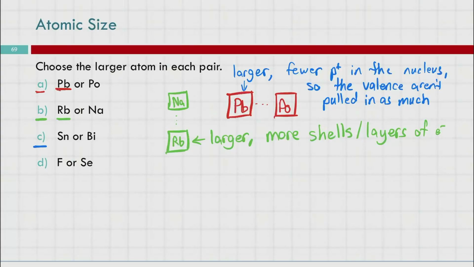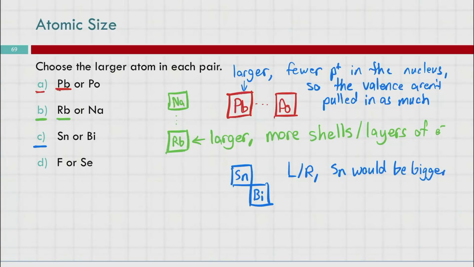Okay, thirdliest, we've got tin or bismuth. Sn, Bi. Now we've got to think in both directions. So thinking about the left to right, which is going to be bigger? If they were in the same row and we're just thinking left to right, which one's bigger? Yeah, tin would be bigger.